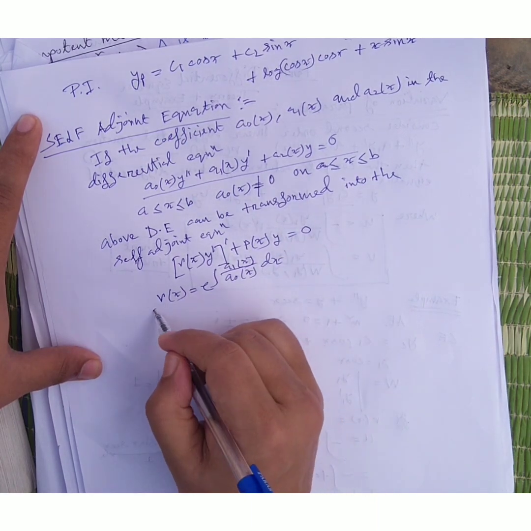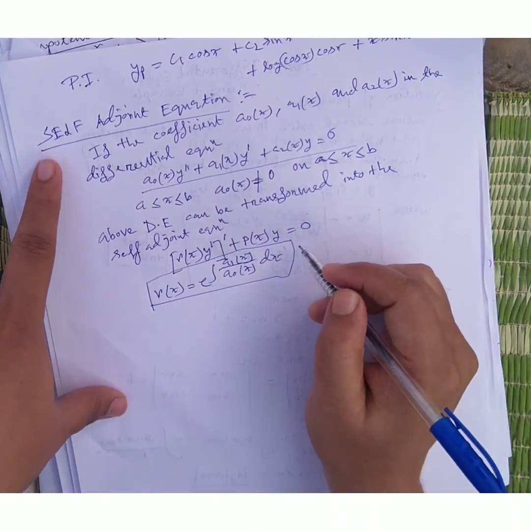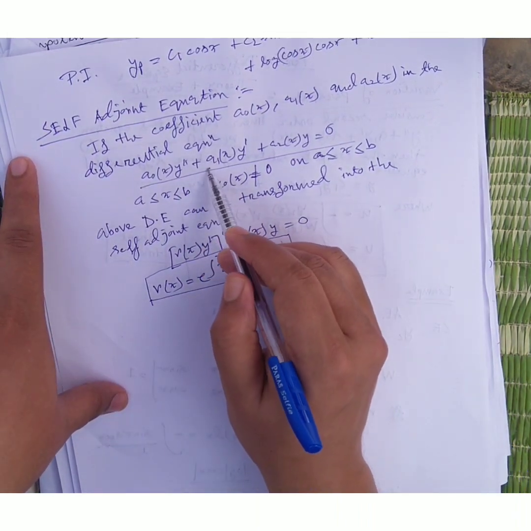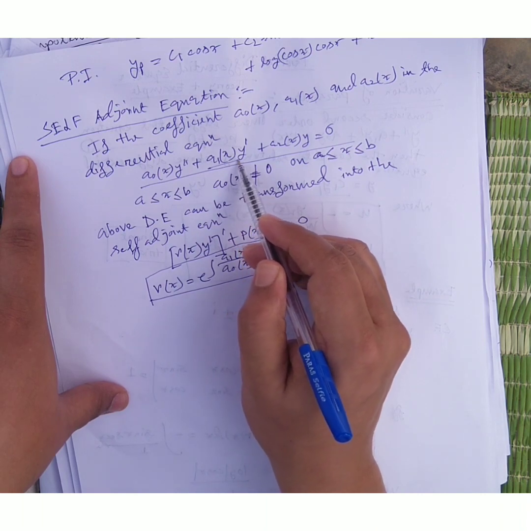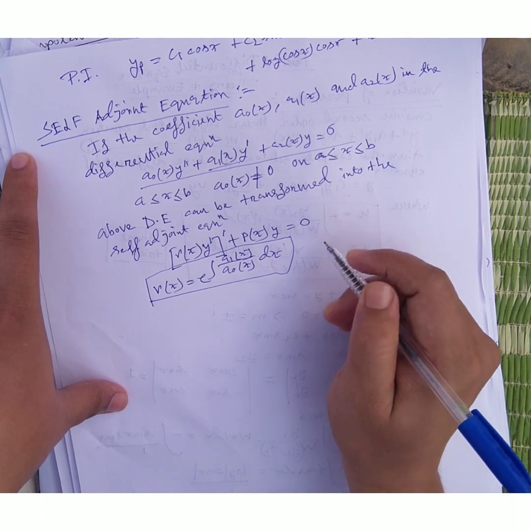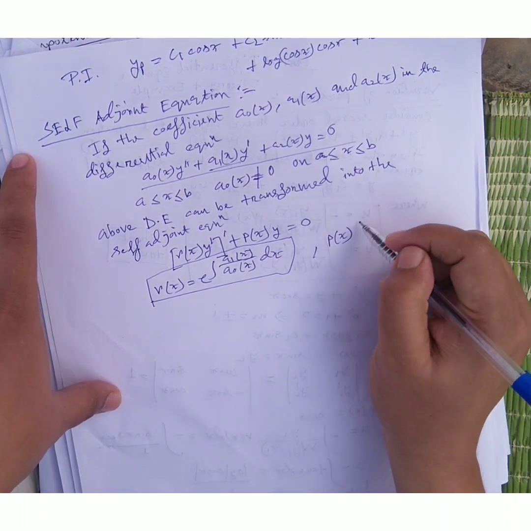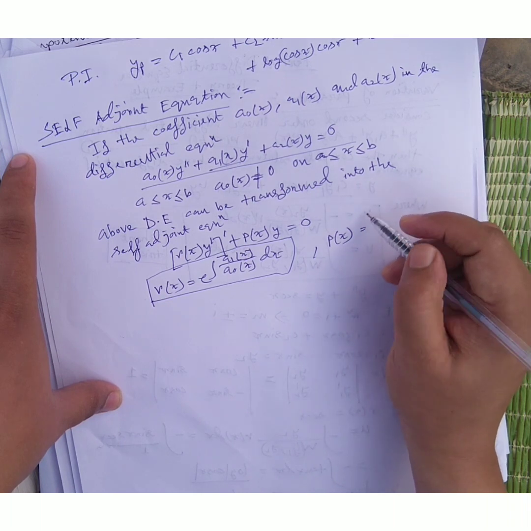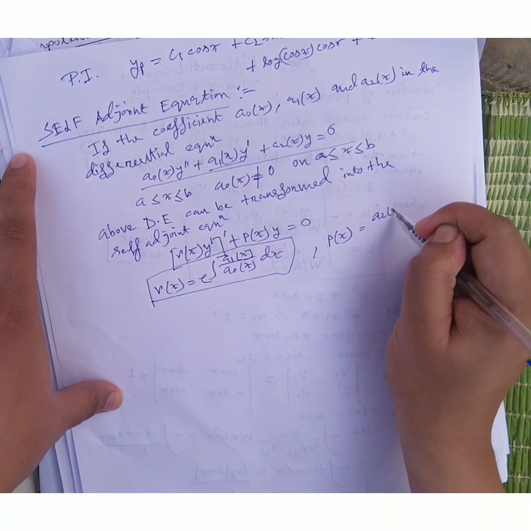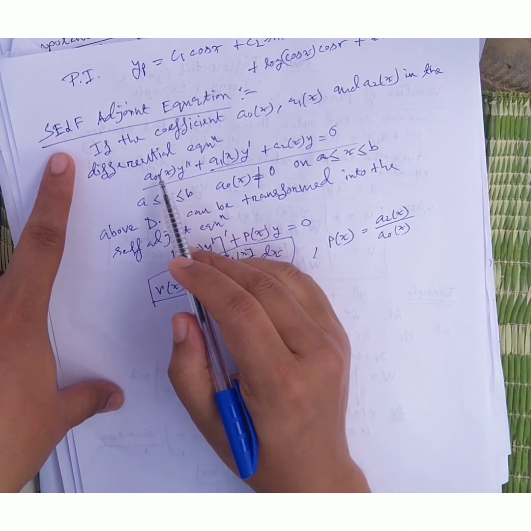Must remember this, friends. This is very, very important. This formula: a1(x) is the coefficient of y dash, divided by the coefficient of y double dash, a0(x), and P(x) is equal to a2(x) divided by a0(x). Very simple.